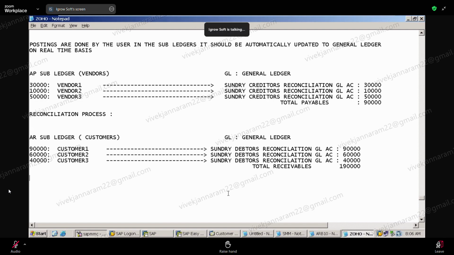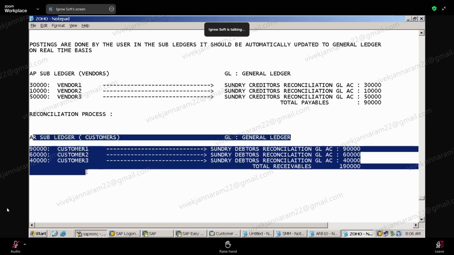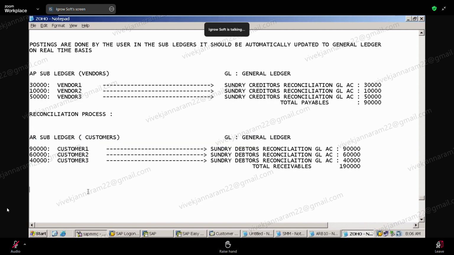So see, if you don't understand today, the problem is that in every subledger it will trouble you. Suppose I go to the AP subledger, at that time also it will. If I go to the AR subledger, again you don't understand the process. If you go to asset accounting, again you don't understand.